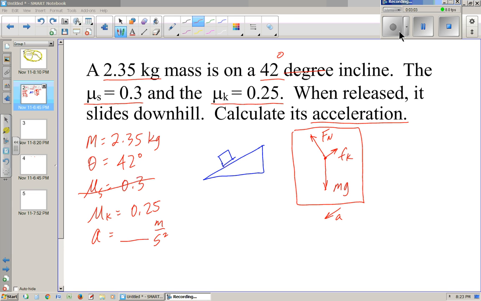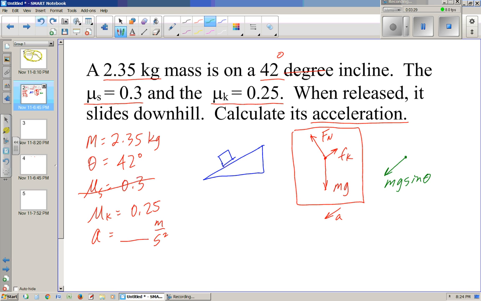Okay, we need to simplify or modify this diagram. And we know that we can take the Fn and the mg, and we can replace them when we have an inclined plane with mg sine theta. So there's our mg sine theta.